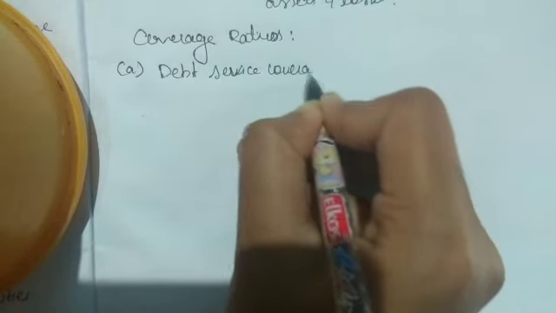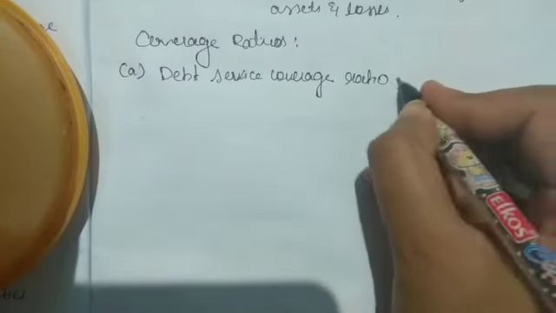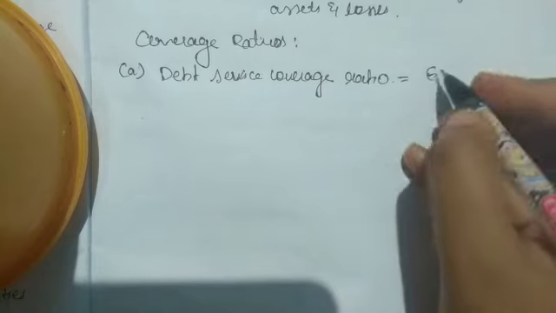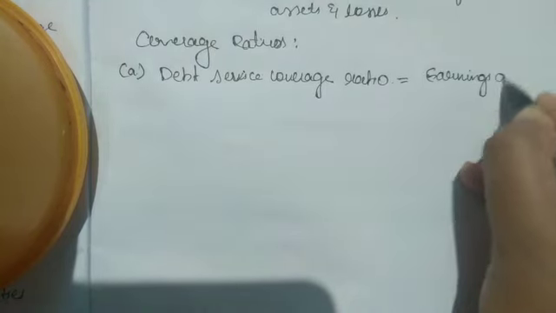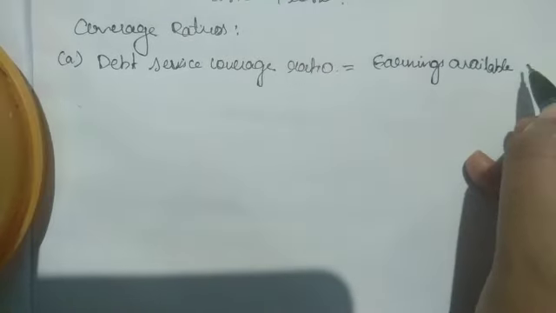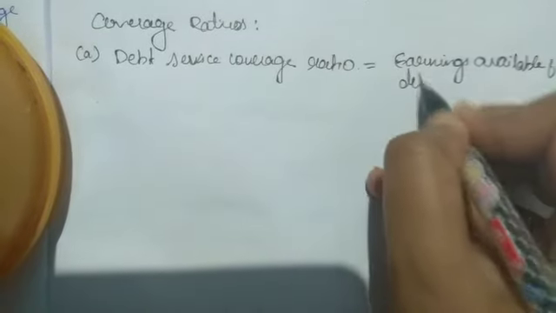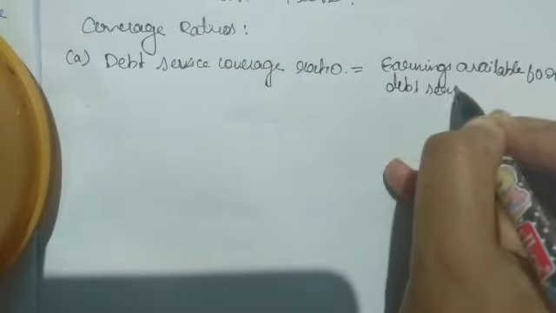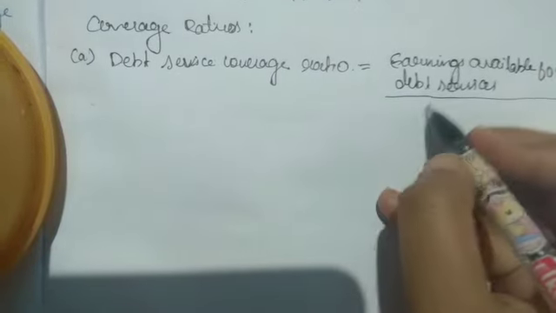Debt service coverage ratio is equal to earnings available for debt services divided by interest plus installment.